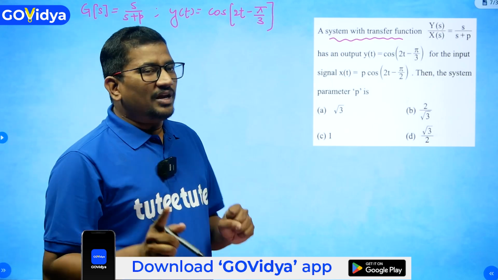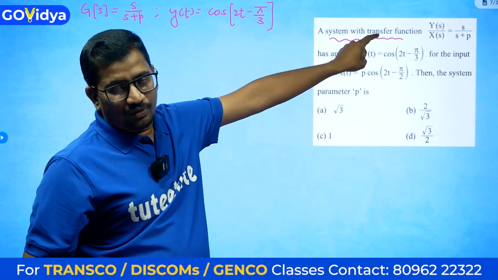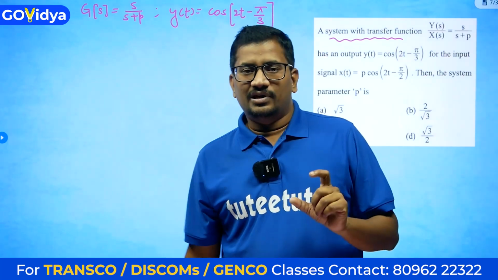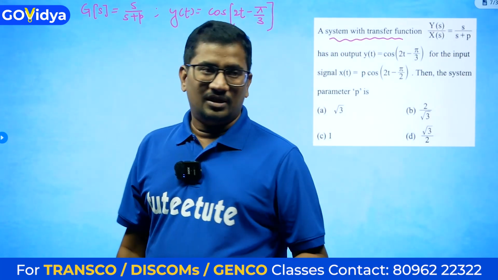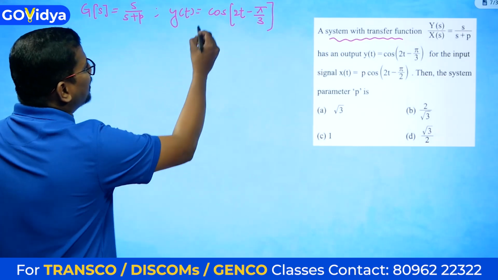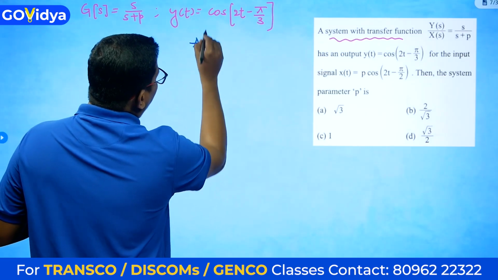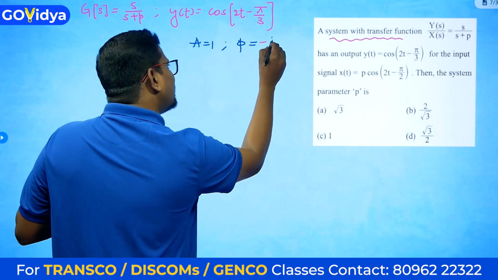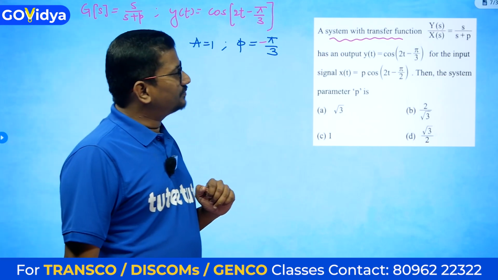So strictly speaking, this is the steady state output. For steady state output, the only changes we observe are in magnitude and in phase. So here the magnitude A equals 1, and the phase is minus pi by 3.